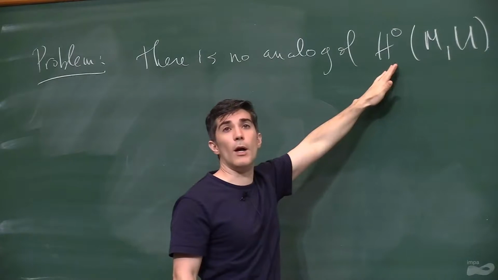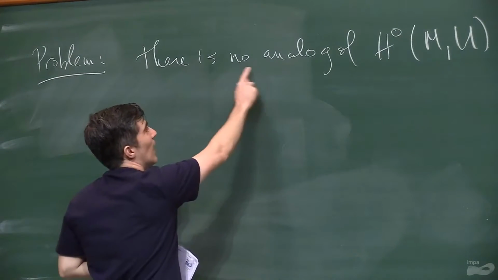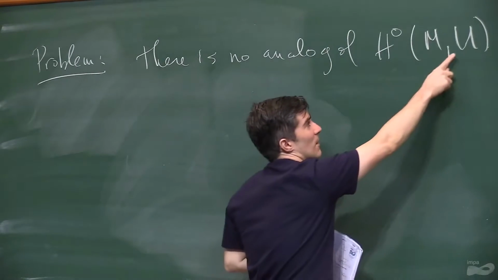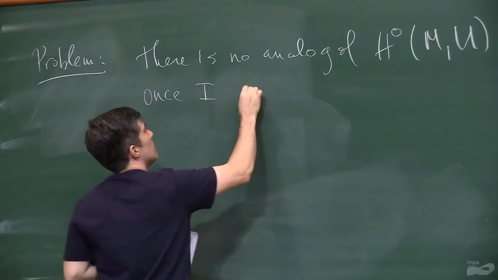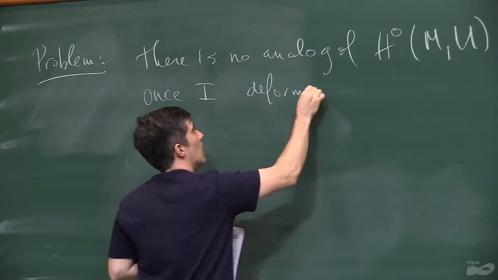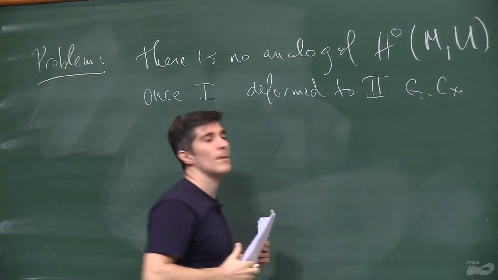And we never have been able to find such a thing. So there is no, as far as I know, any direct analog of taking holomorphic sections of U once I is deformed to a generalized complex structure. Okay?